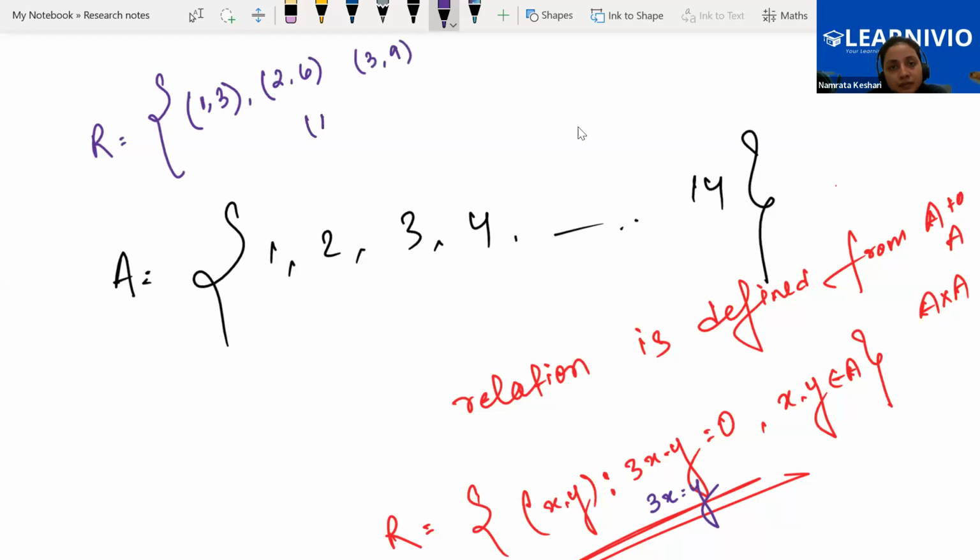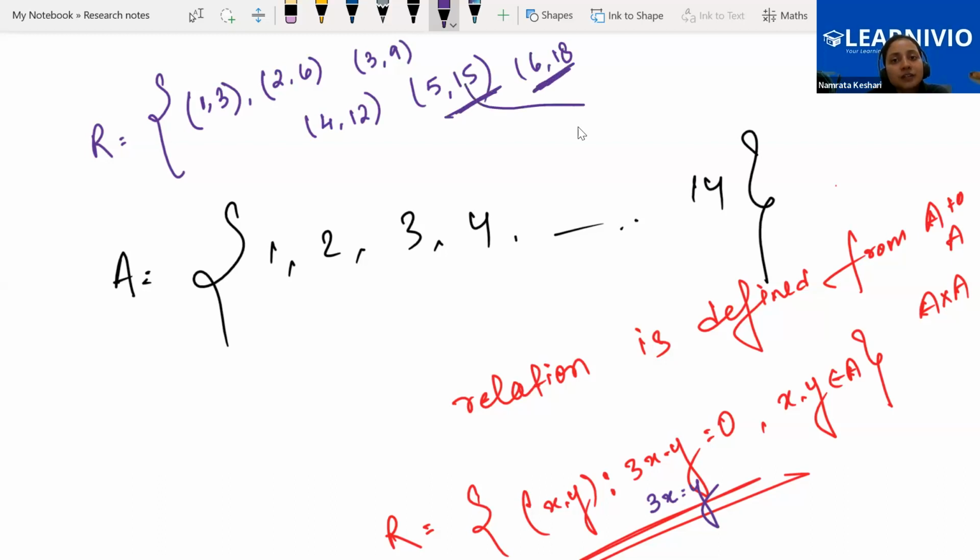Then 4, comma, 12. Then 5, comma, 15. Then 6, comma, 18.